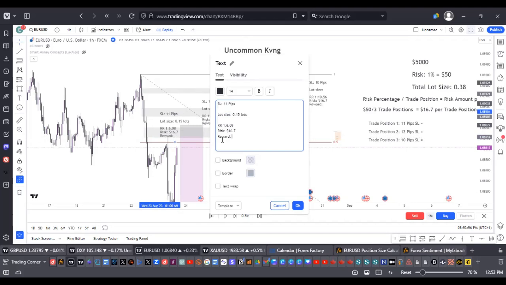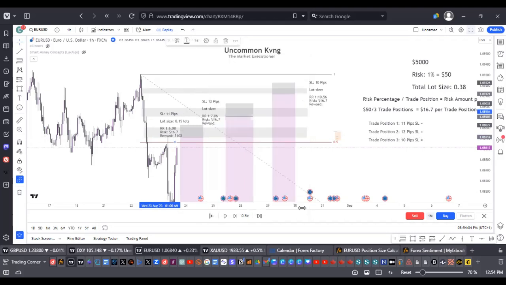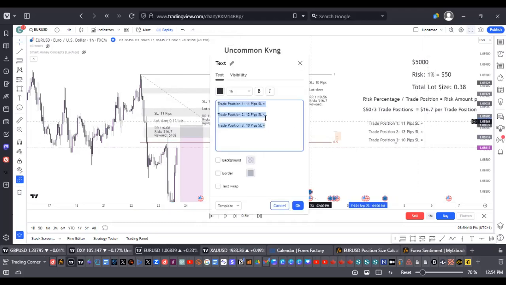And that will give us $102, right? Now that's the calculation for that. So the lot size we're going to be using for this position is 0.15. Okay, 0.15 lots.